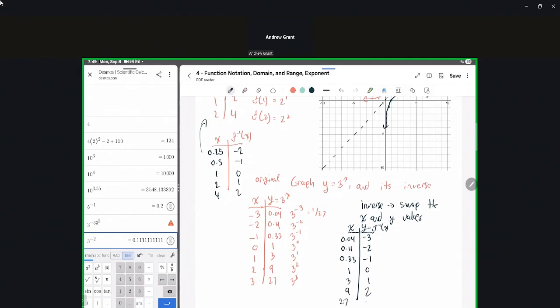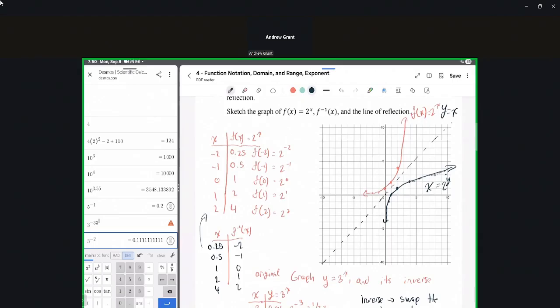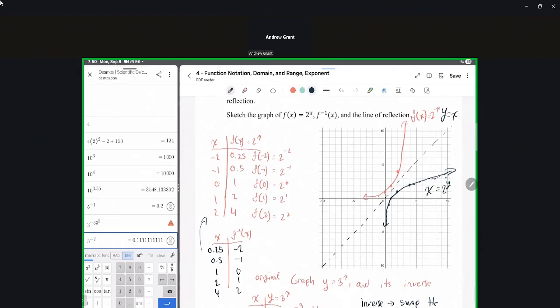And 27 goes to 3. And all I did was swap these. So if I had x comma y over here, they turned into y comma x over on this side. And so when you graph these ones, they will have this particular shape, these J curves.